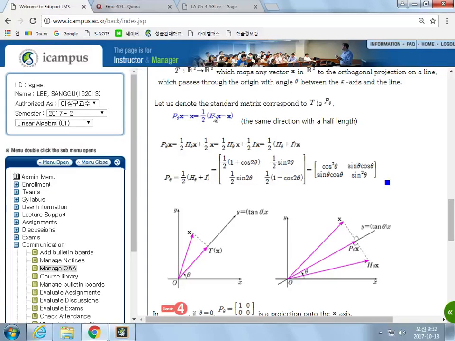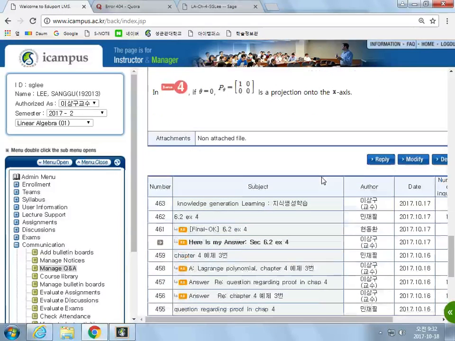So from here we already know H theta, so finding P theta is easy. It's a simple computation. So P theta of x can be written in this way, and we know the H theta here. So just substitute H theta to have this, which can be simplified like this. That's the whole idea. Got it?